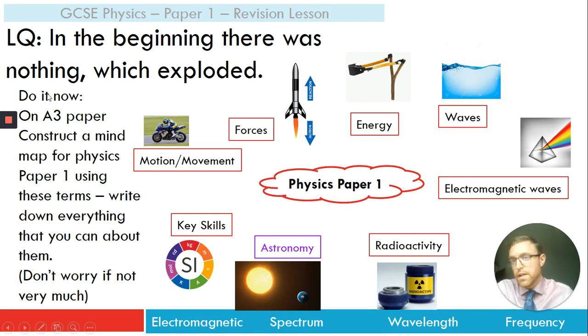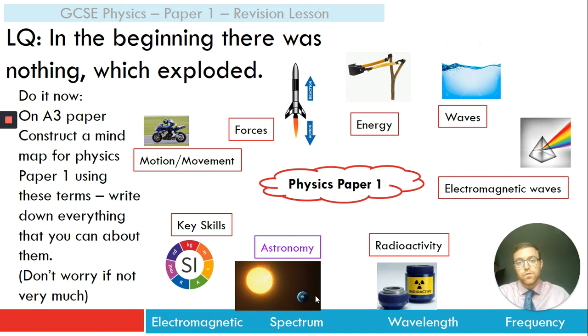For our Do It Now, what I'd like you to do on ideally an A3 sheet of paper is to write Physics Paper 1 in the middle of your page, like this. And all around the outside, do it as neatly as you can, because the whole of this lesson, we are just going to be adding to our mind map.